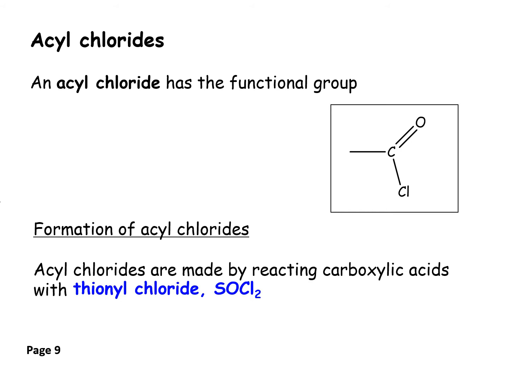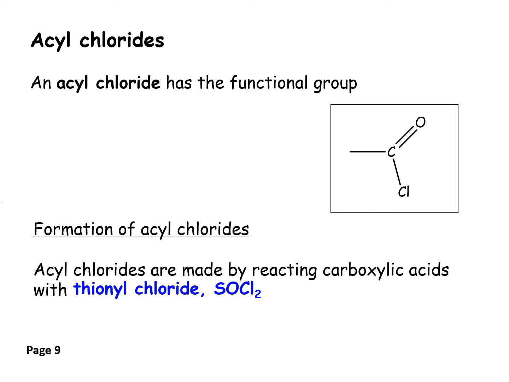Now, thionyl chloride is a new reagent for you, so it is one that you're going to have to remember, just like you hopefully now remember things like acidified potassium dichromate, for example. The more you use it, the more familiar it will be, and hopefully it will stick. So thionyl chloride, SOCl2, is the reagent we use to react with carboxylic acids to make the acyl chloride.